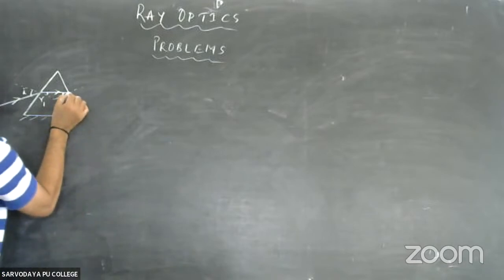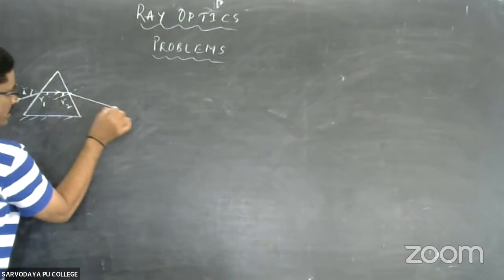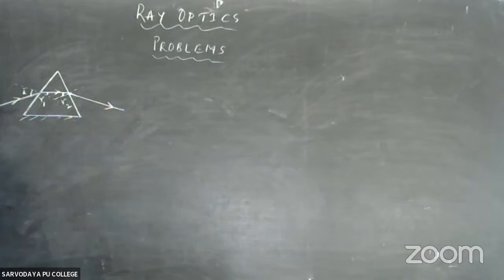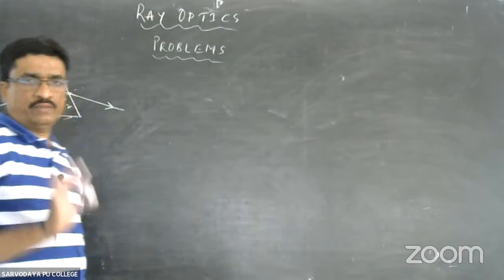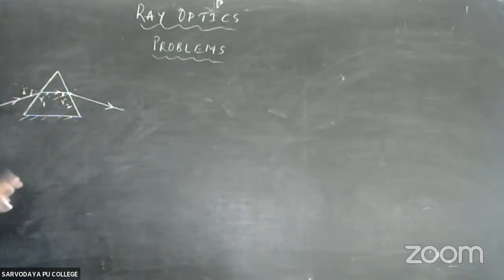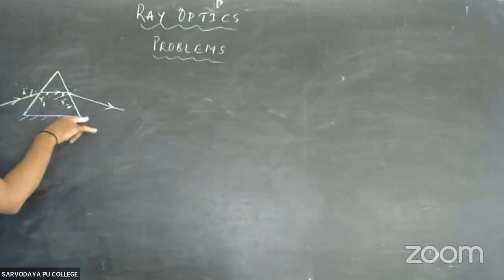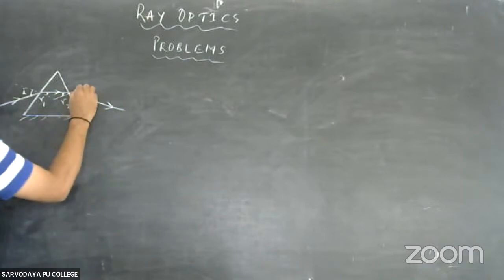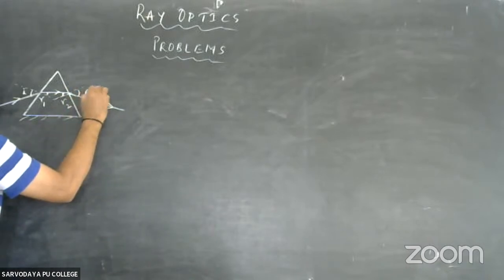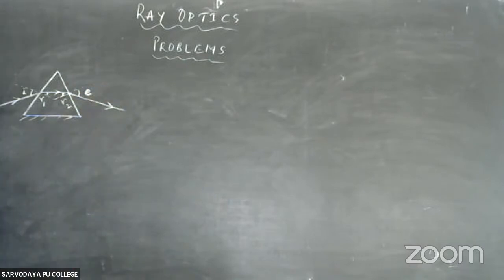Finally, the ray emerges out, and you already have the idea, the bending will be towards the base. Here the ray is traveling from denser to rarer medium, therefore the bending has to be away from the normal. This angle is what we call the angle of emergence, that is E.